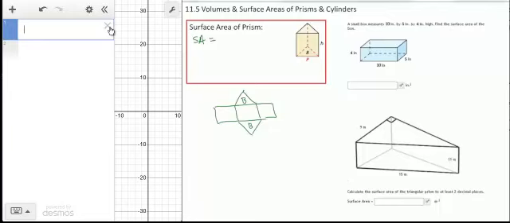But if you think about what the net looks like, you have 2 bases, and then to that, you're going to add these rectangular regions. Well, this rectangle has a total base and a height. Well, the height is the height of that solid. And the total sum of these sides here that form the base of the rectangle also form the perimeter of this base shape.